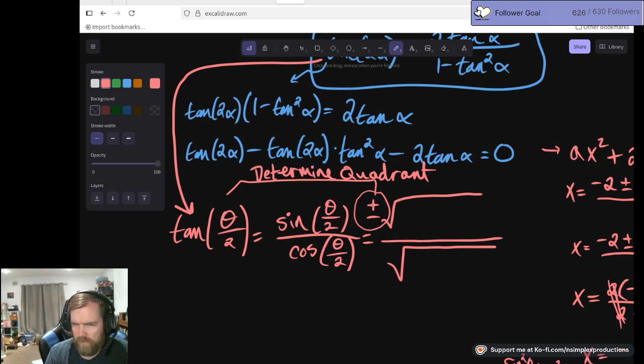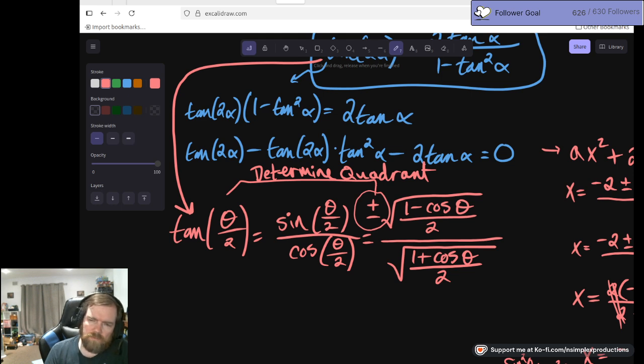So here we have sine is the square root of 1 minus cosine of theta all over 2. Cosine of theta over 2 is the square root of 1 plus cosine of theta all over 2. And in this case, both of these pieces will join up together.